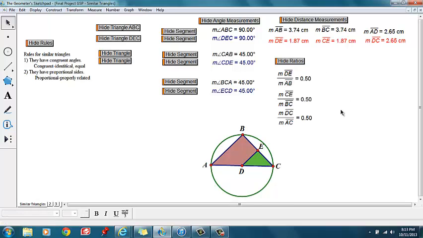Now, we also have to find that the ratios are equal to each other. So, the ratio of DE over AB is 0.50. The ratio of CE over BC is 0.50. And the ratio of DC over AC, sorry, it's DC over AC, and the ratios are all related. So triangle ABC and triangle DEC are similar triangles.